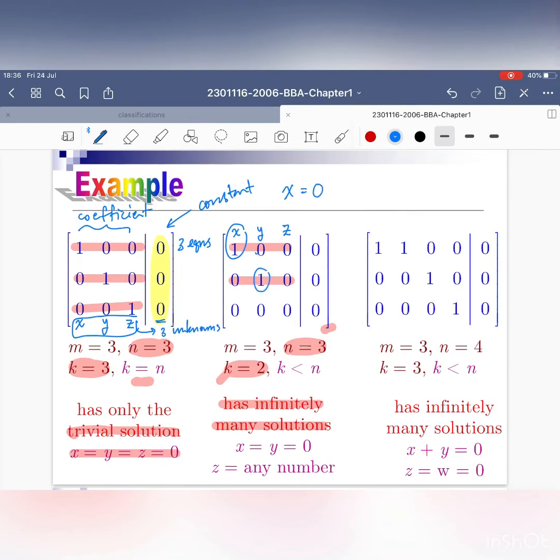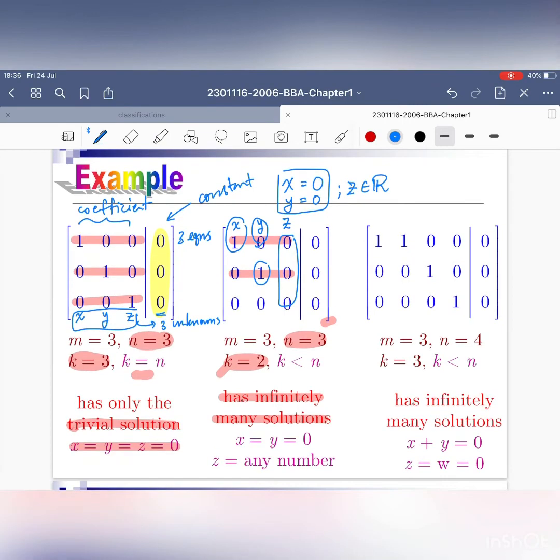This is the coefficient for y, so y is also 0. And there's no z appearing. So x and y are fixed, and z can be any real number that you can think of. For example, 0, 0, negative 1 can be one solution of the system, or 0, 0, 500 can be another solution. And of course, don't forget that the trivial solution is also one of the solutions of your system, but you also have non-zero solutions.